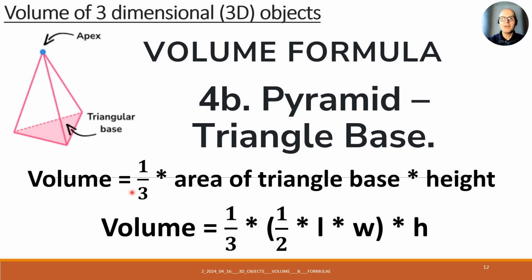So the volume for a triangular-based pyramid is 1/3 times half times L times W times H. BODMAS applies.